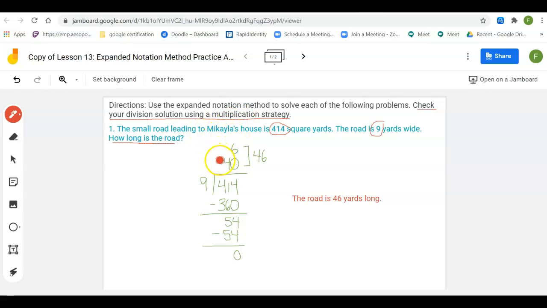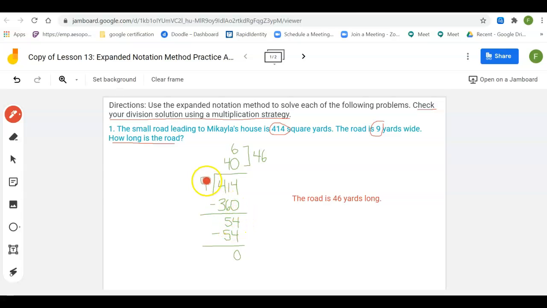So I've got right here 414 divided by 9, and I asked myself, well, what number times 9 is close to or equal to 414 without going over? So 9 times 40 is 360. When I subtract that, my next step is 54.